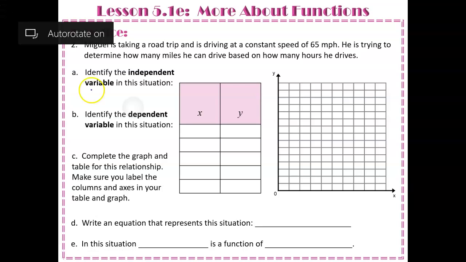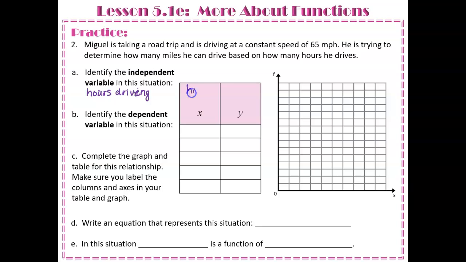So the hours he is driving is his independent variable. And we can put that for x here, hours driving. Because our independent variable is always our x value, our input. So then the dependent is miles. How far can he go? Or the distance traveled.